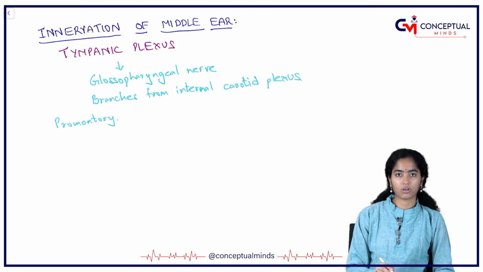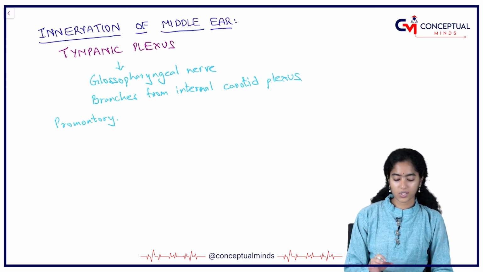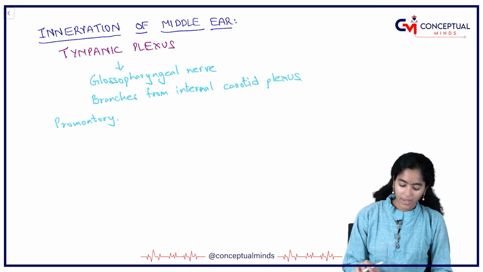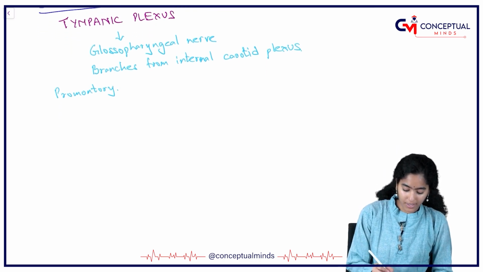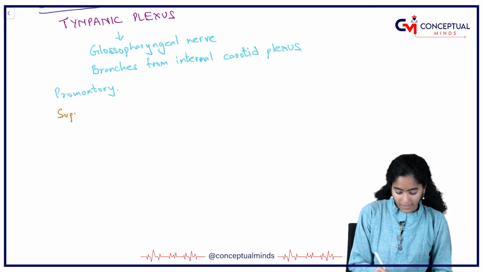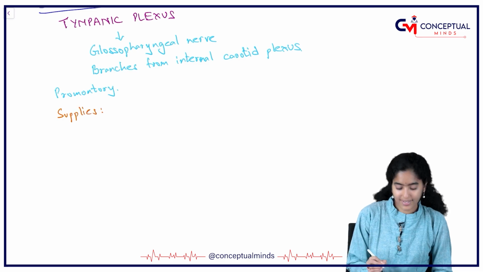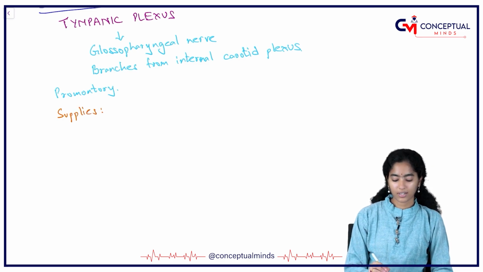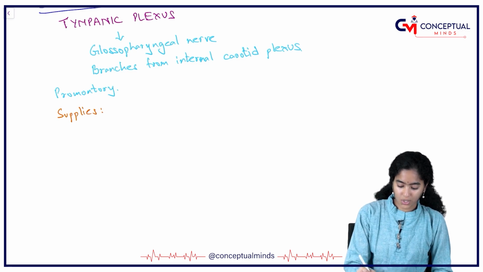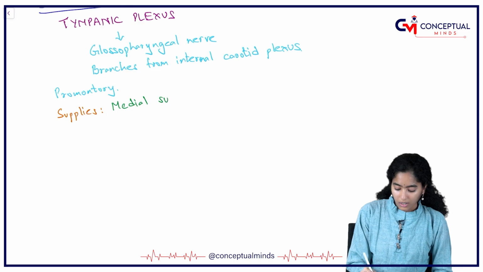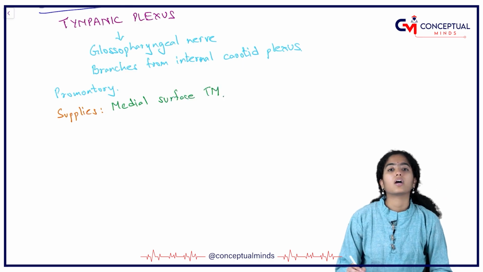The bulge is the promontory. It is present on that bulge. And what all does this supply? The tympanic plexus supplies first the medial surface of tympanic membrane. Again, correlation with tympanic membrane anatomy.